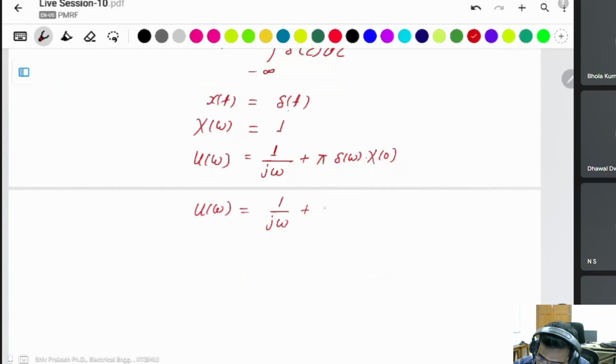That's why this will be pi delta(omega). This is the initial condition.